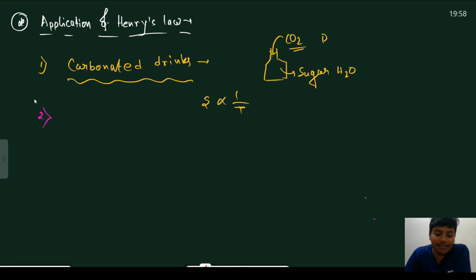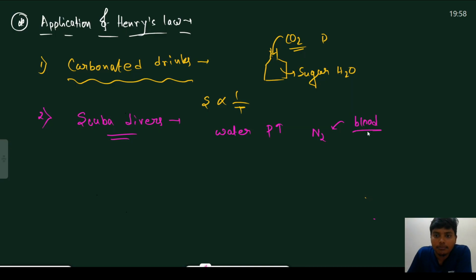Next is scuba divers. Listen. In water, pressure is high, and because pressure is high, nitrogen gas will dissolve in the blood. When scuba divers go very deep, because pressure is high, nitrogen gas dissolves in their blood.